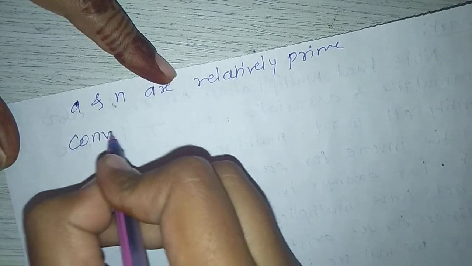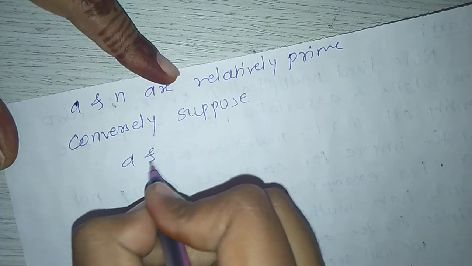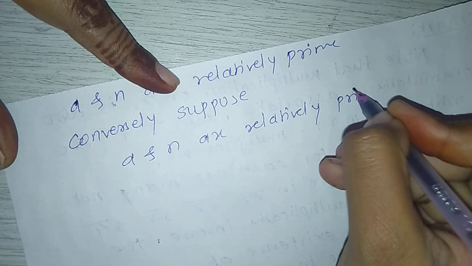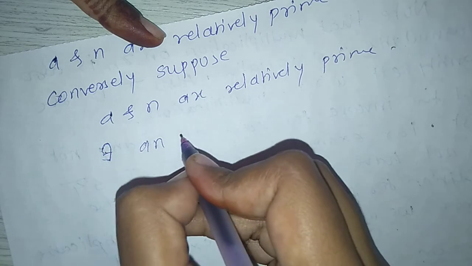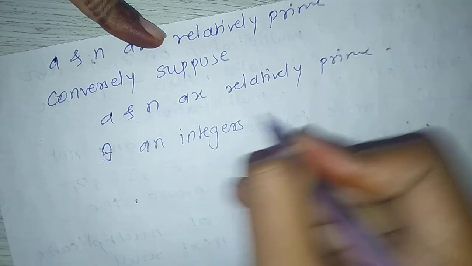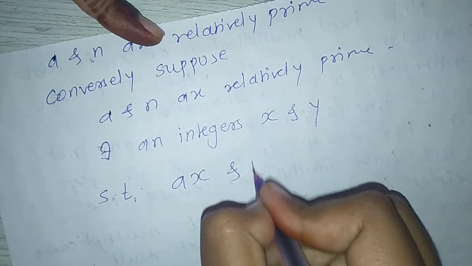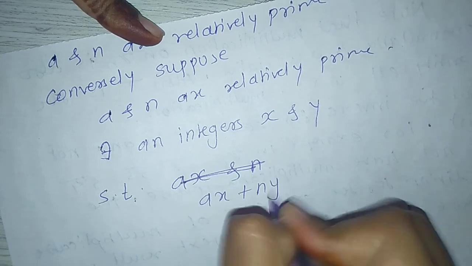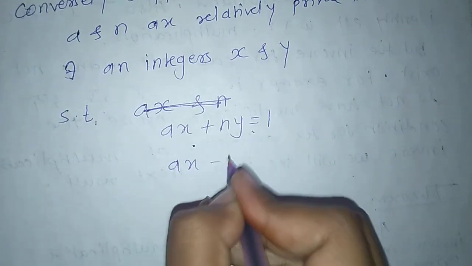Conversely, suppose a and n are relatively prime, means there exist integers x and y such that a into x plus n into y equals 1. Arranging these terms, a into x minus 1 equals n into minus y.